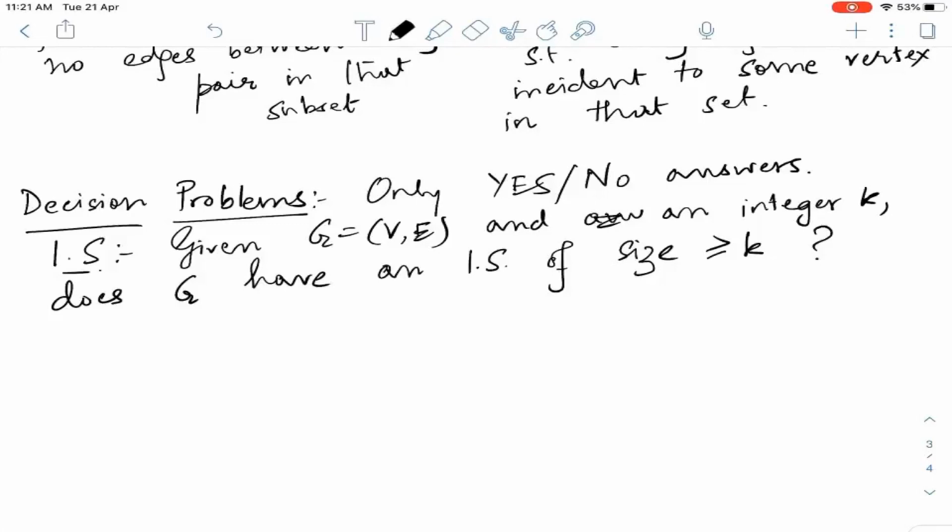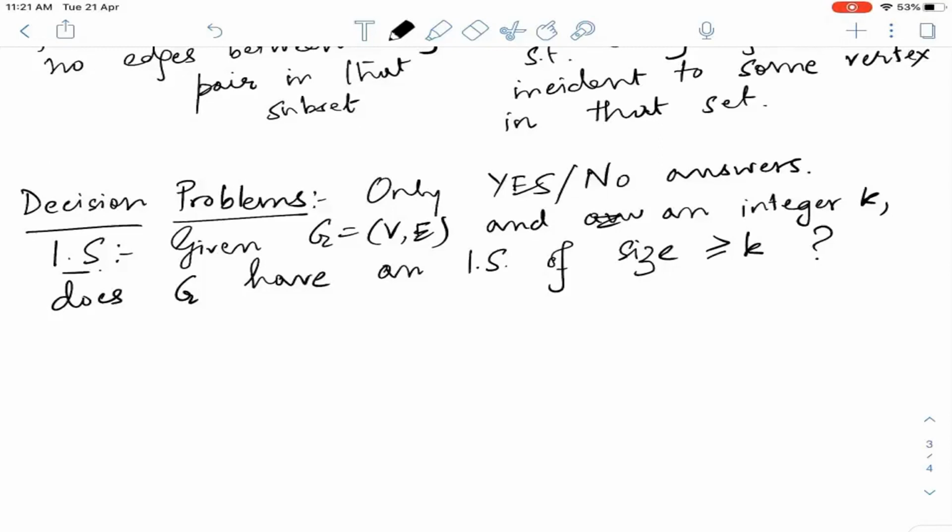Here is the answer. Suppose you have an algorithm to answer this question in yes or no. Then you can run this algorithm as a black box for all possible values of k. The maximum size of an independent set can only take values between 0 and n, so you just try this black box algorithm for every value of k, and that gives you a polynomial time algorithm.